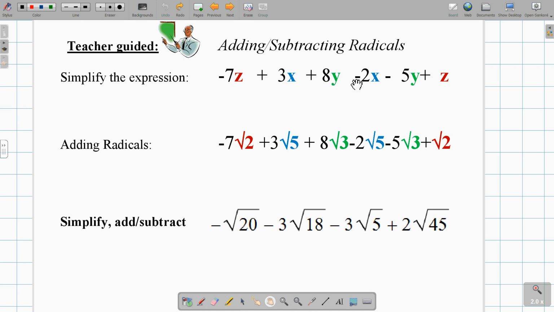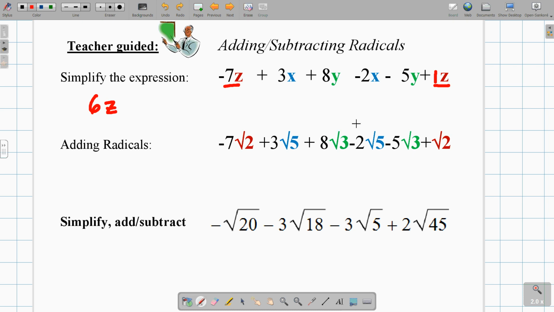Let's go for our x's now. 3x minus 2x. That's going to be plus 1x. I'm done with that. I'm done with that. 8y minus 5y. That's going to be minus 3y. Done with that. I'm done with that.